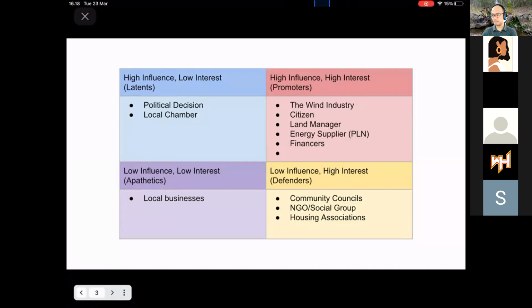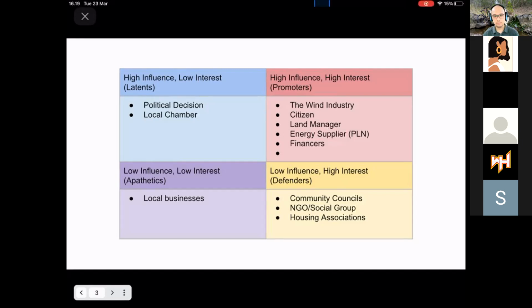And for the housing association, it's kind of the same as the community councils in that they are highly represented by the citizens. In my vision, they would partake in the project when we want to localize it in the future, after the wind farm is already established on a macro scale. And then the last part is the local businesses.